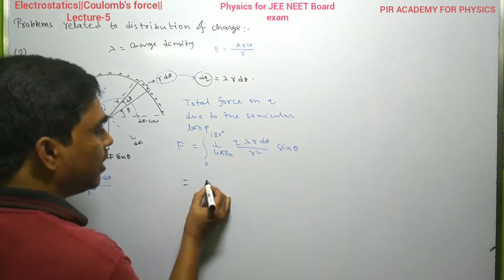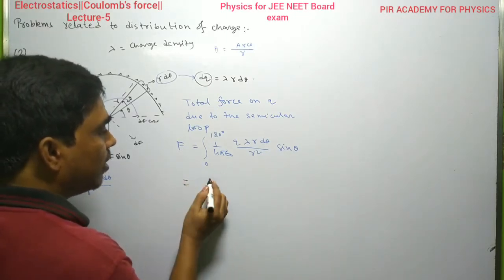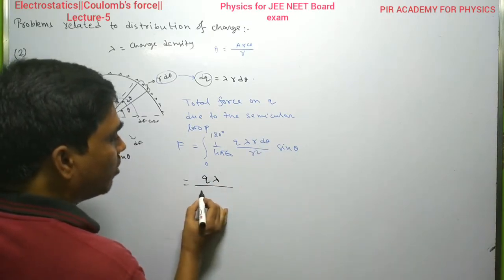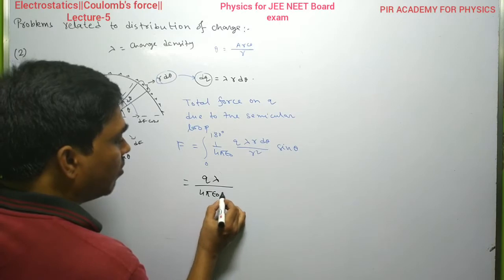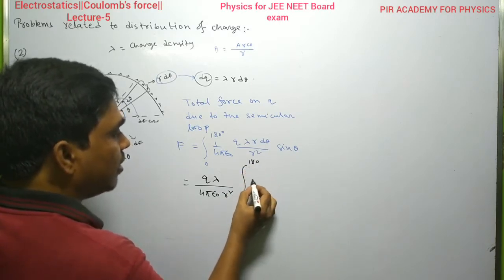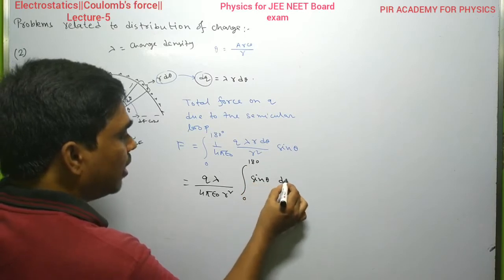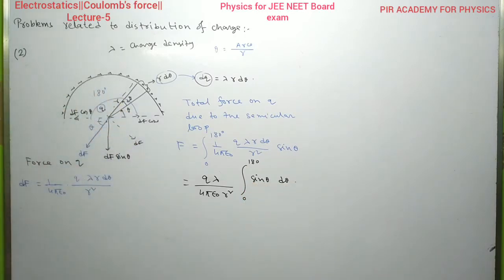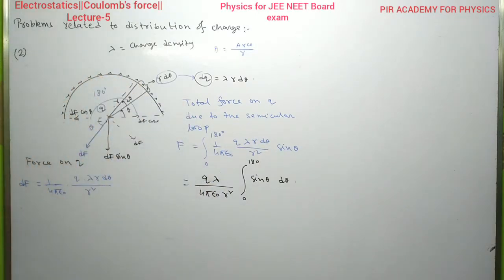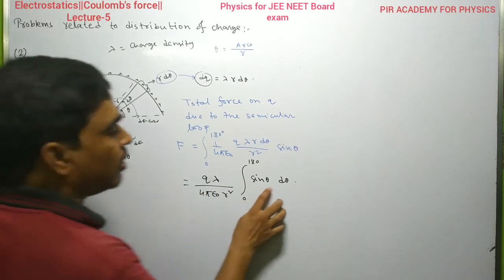It will be q lambda over 4 pi epsilon naught r square, integration from 0 to 180 degrees of sin theta d theta. One r cancels out.